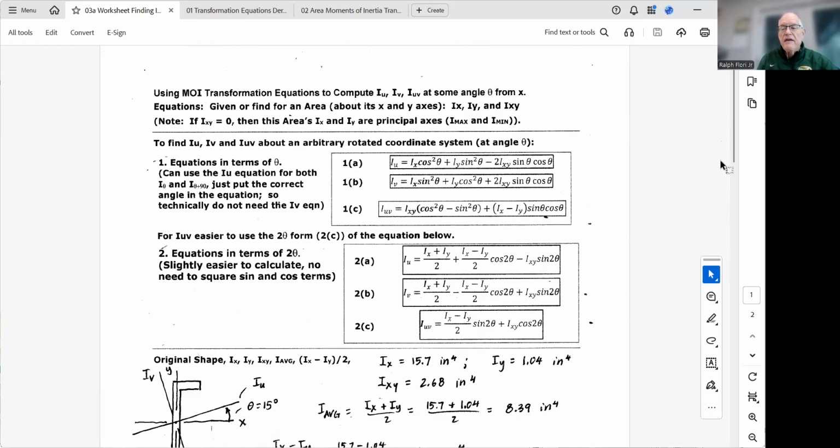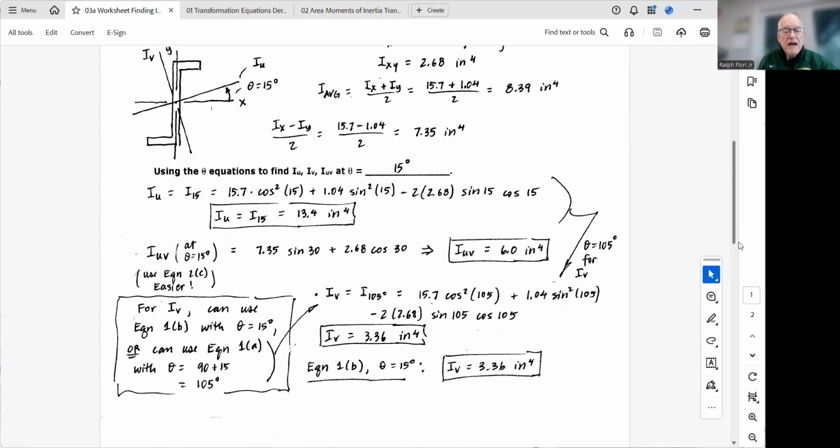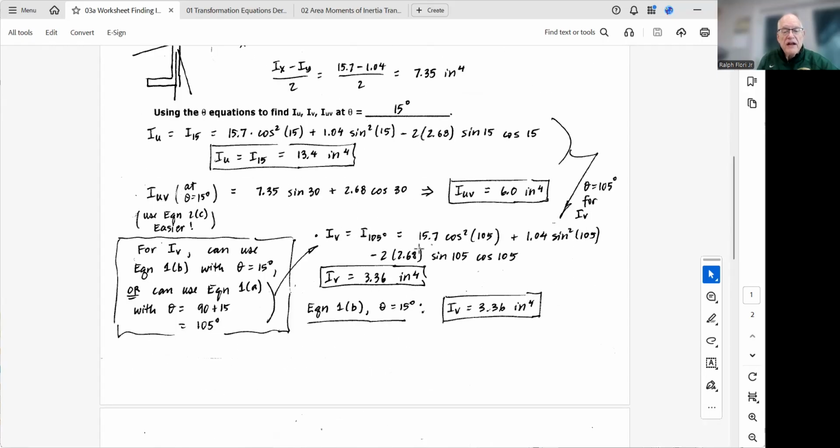If you know what you're doing, you've got multiple options. I think I took the first equation and put 105 into it. So you get Ix cosine squared 105 plus Iy sine squared 105 minus 2 Ixy sine of 105 cosine 105, and you get 3.36.